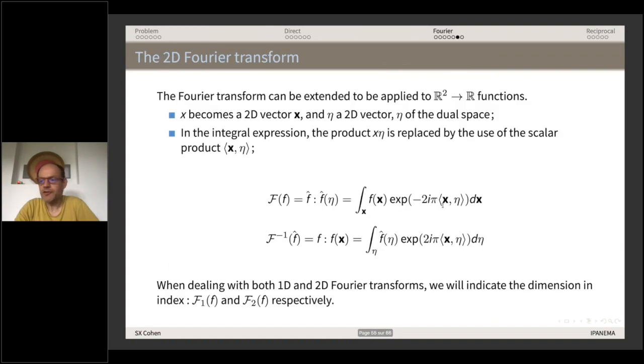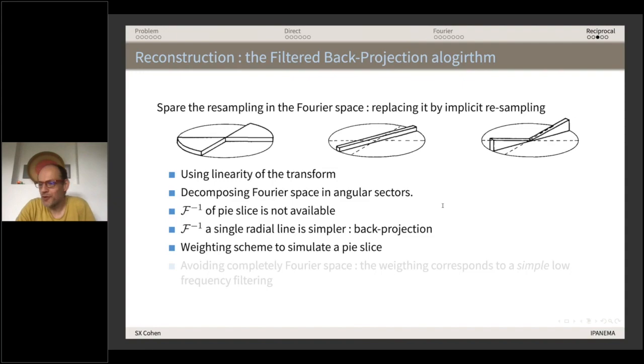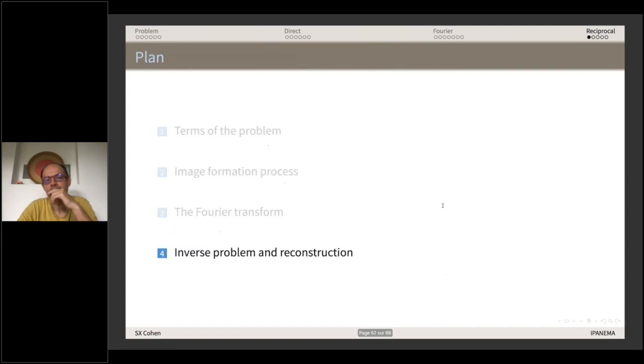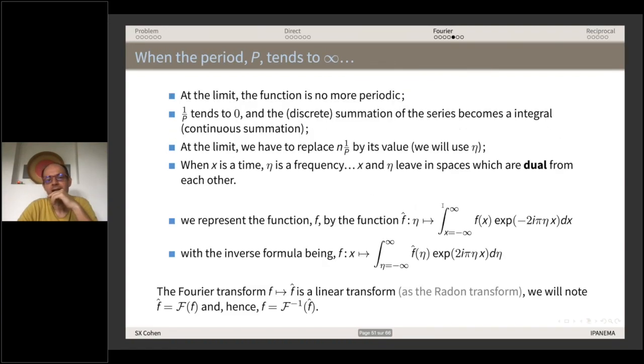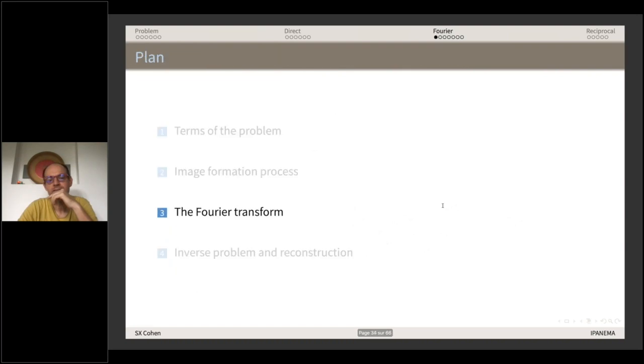I can take this as an opportunity for a small comment. There is some kind of a scam in what I told you. At this point, I said we know how to find the solution. It's costly.